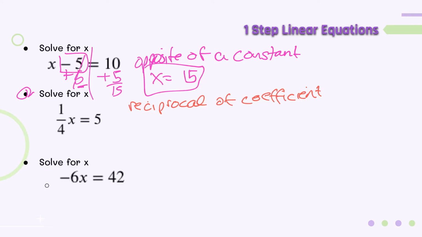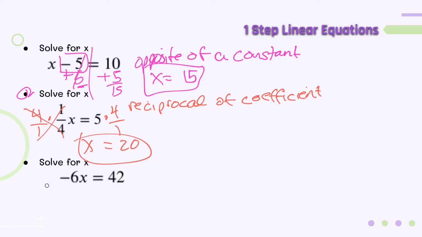So my reciprocal of the coefficient here is 4 over 1. And I'm going to multiply it. So I'm going to multiply 4 over 1 on this side, because what I do to one side, I must do to the other. So this becomes 1 and 5 times 4. So I have x is equal to 20.